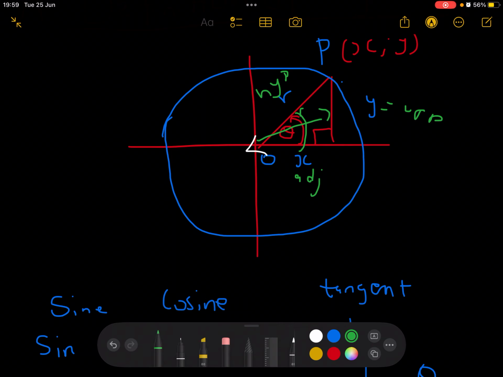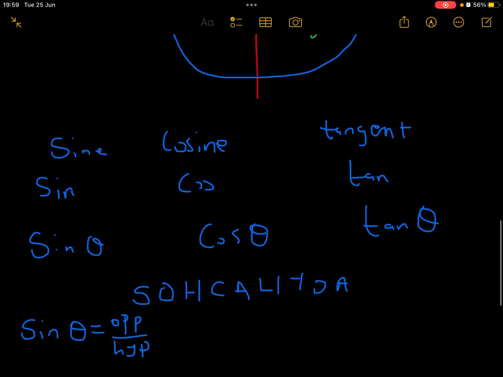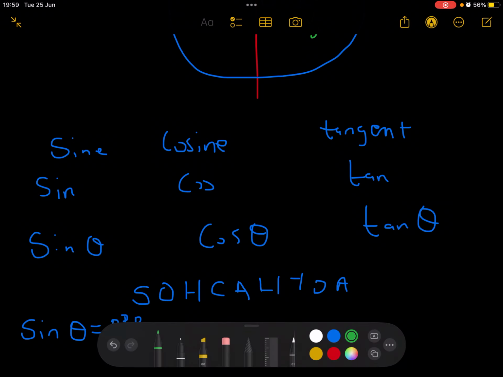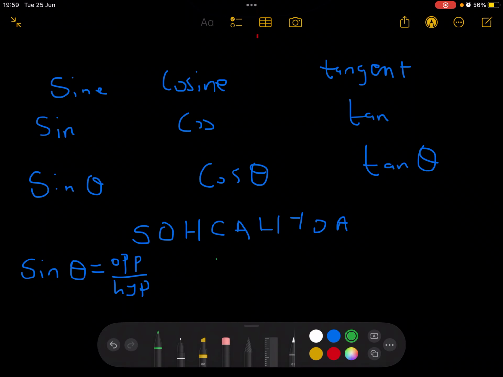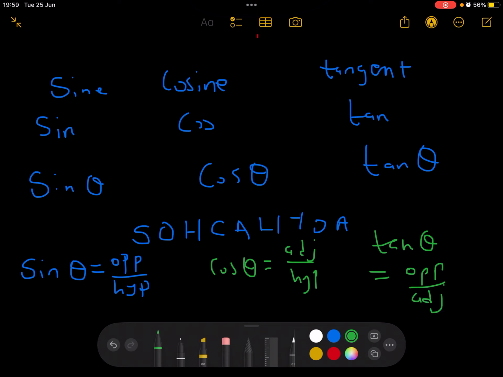That is how we come up with defining all those three sides. If it's according to variables, we use x, y, and r. So we can now define according to the right angle triangle formed in that circle or terminal ray. Cos of an angle theta is equal to the adjacent over the hypotenuse, and tan of an angle theta is equal to the opposite over adjacent.